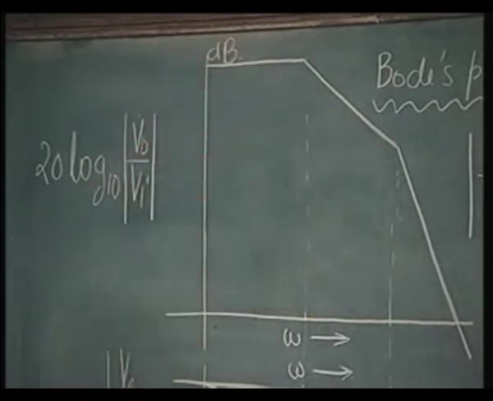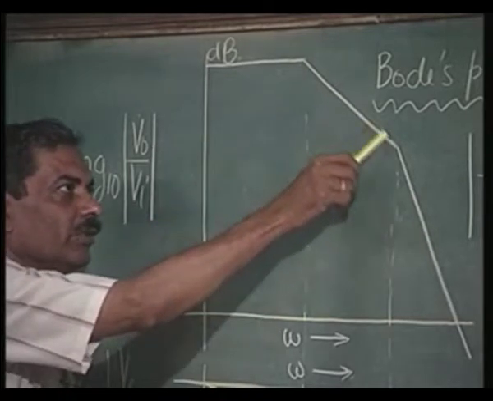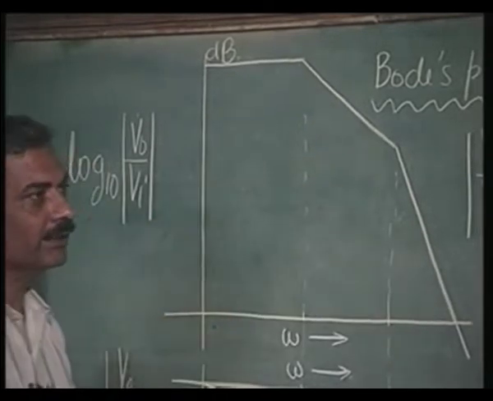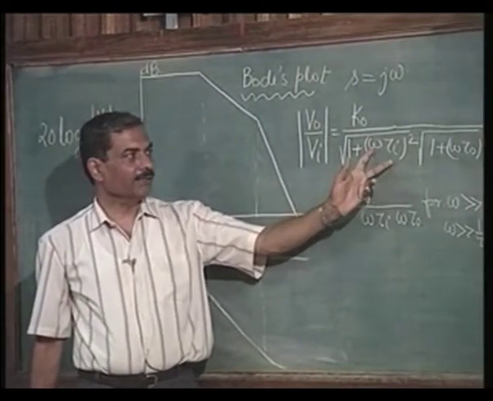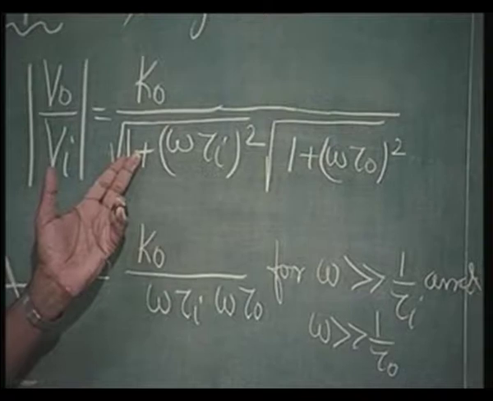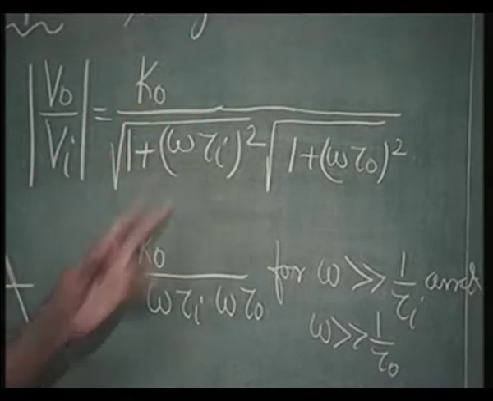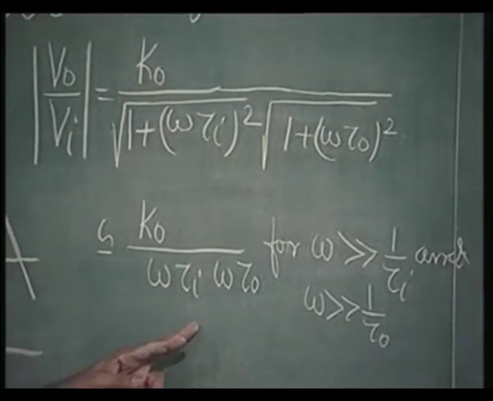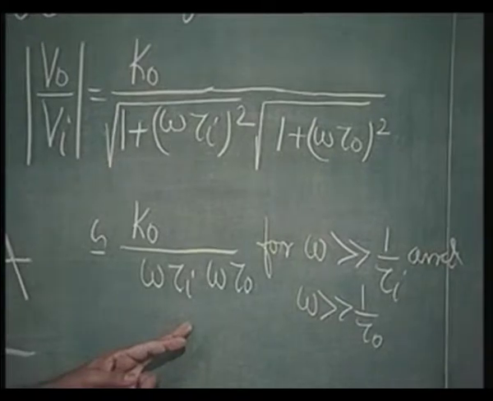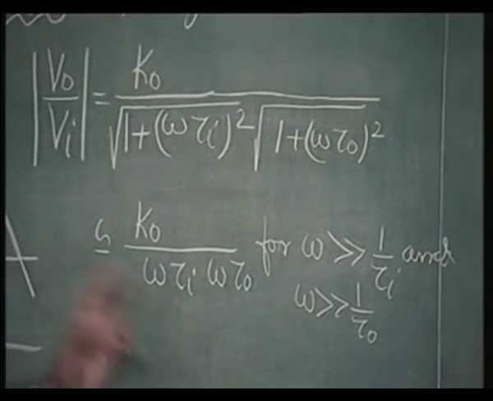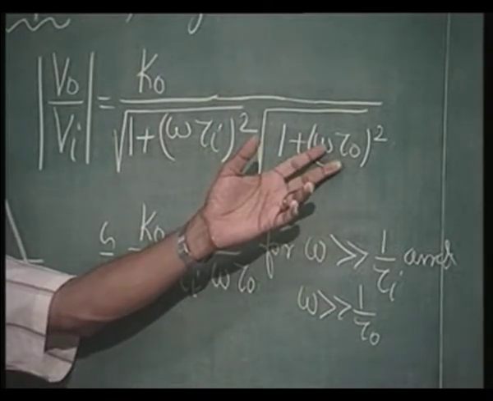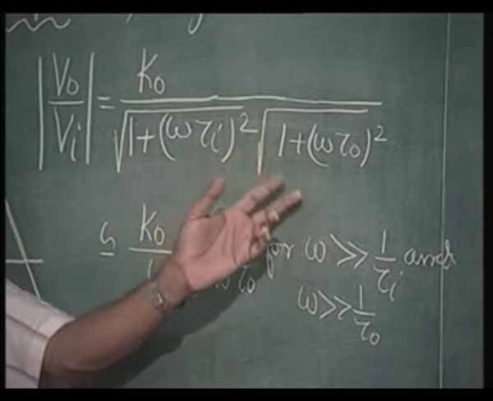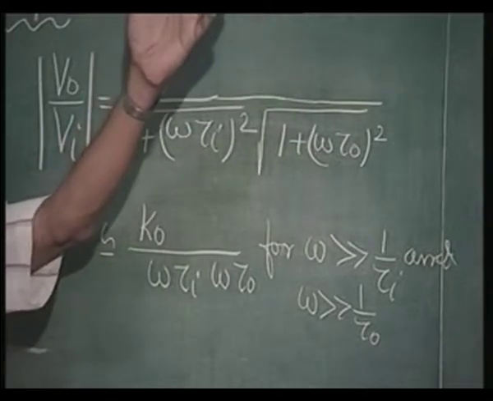The gain is reducing, that means it is falling here. This fall is indicated here as an asymptotic fall. How do you get that? For omega much greater than 1 over tau I, this factor is very dominant compared to 1, so you can ignore 1. This whole thing becomes omega into tau I. It is inversely proportional to frequency omega. This other factor, let us consider, is not coming into picture now, that means it is still far away from this omega.